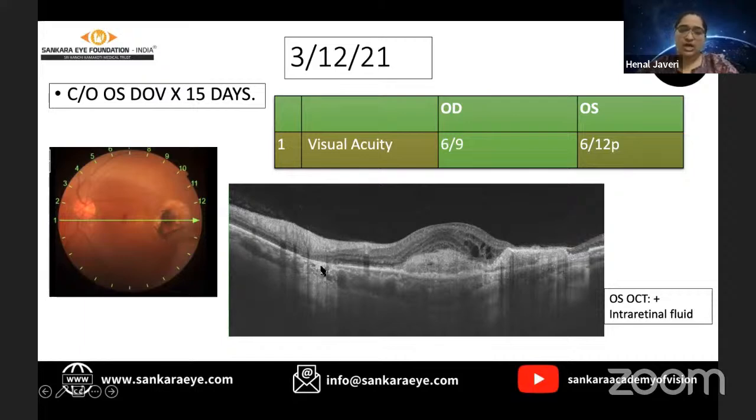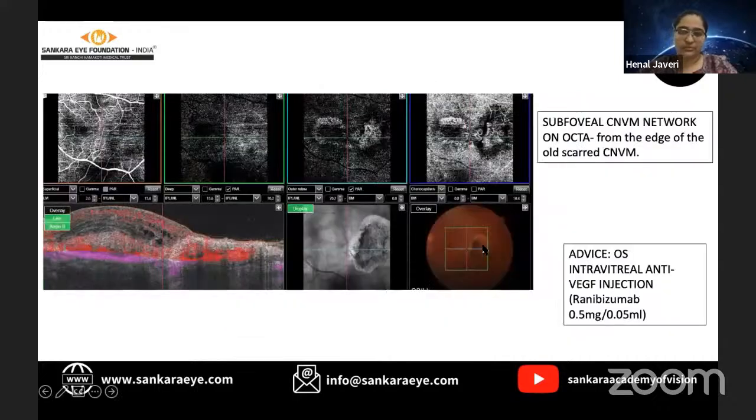Also, there was a subfoveal lesion extending from the scarred margin of the extrafoveal CNVM. Vision had dropped as well. On the OCTA also, we can appreciate that from the edge of the scarred CNVM, there is some activity and a new network is forming subfoveally.